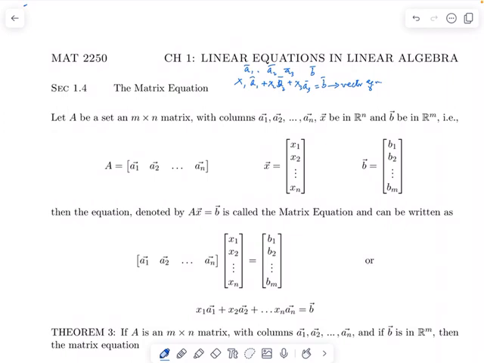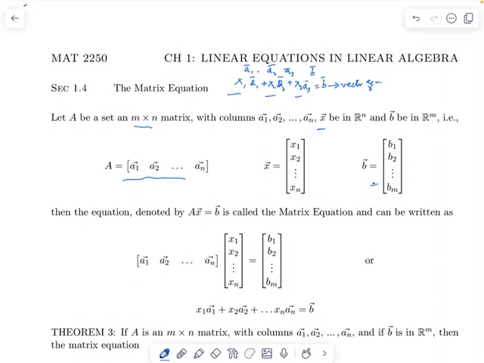Now we can create a matrix equation by putting these vectors a1, a2, a3 as columns of the matrix A. So we have the matrix A, which is of size m by n, and instead of x1, x2, x3 we have the vector x, and the b vector is over here.